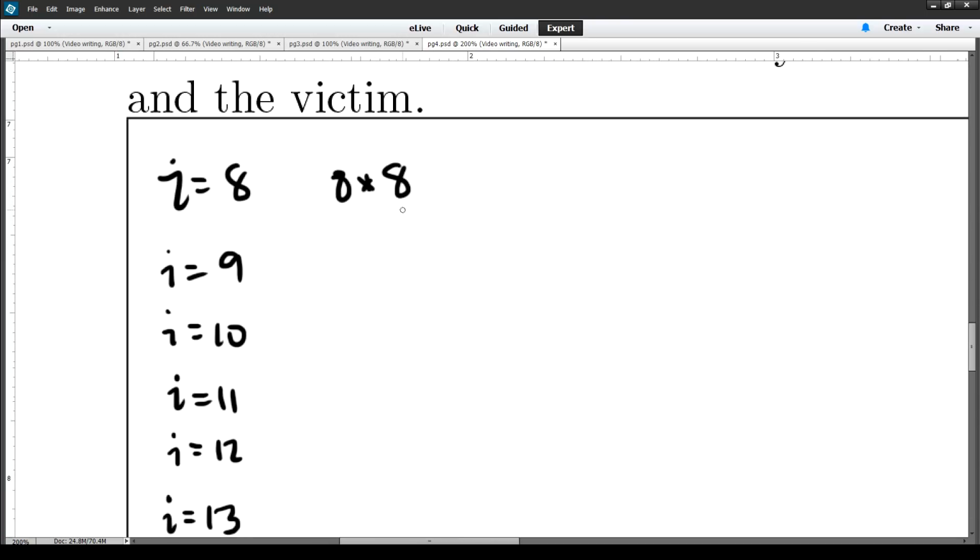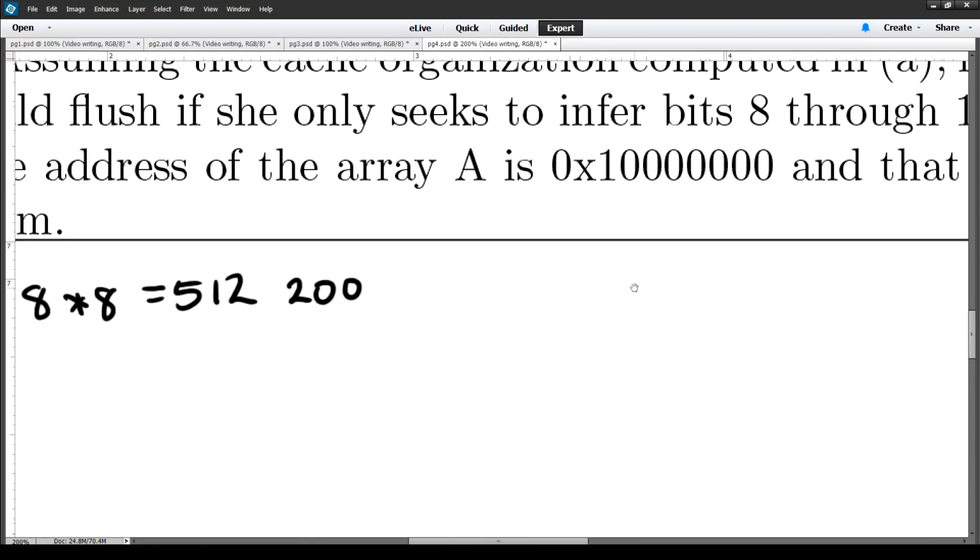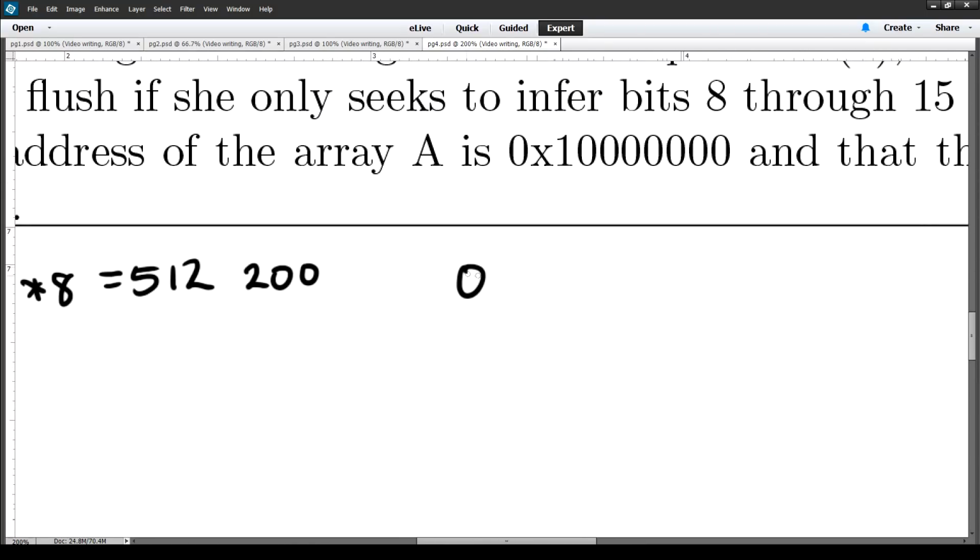So this means we're looking at element 64. But since each element is 8 bytes, we're now 512 bytes from the base address. In hex, this is 200. So if we add this to the base address of the array, we'll get 0x1000200.